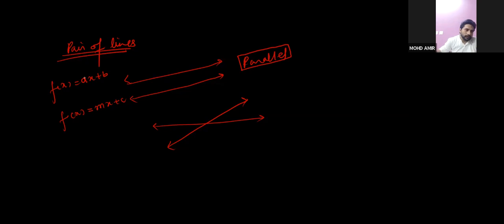So if the rate is equal, we can say that a should be equal to m. Okay, if I write a function like 2x plus 9 and a function 2x minus 3.